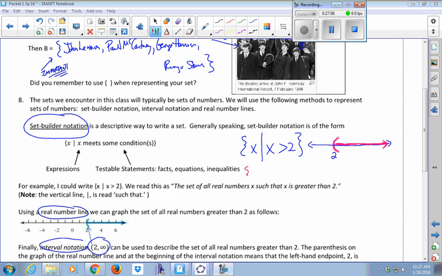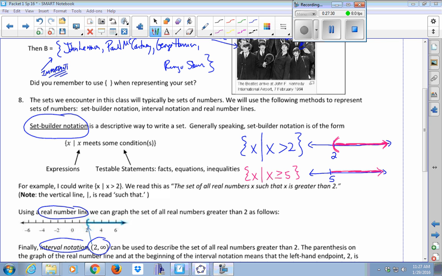If I wanted to represent the set of numbers that said x greater than or equal to 5, then I would do a similar thing. I would draw a number line, I would put a 5, and I would shade everything to the right of 5. But this time, look at the shape of a staple. A staple looks a little bit like a bracket.